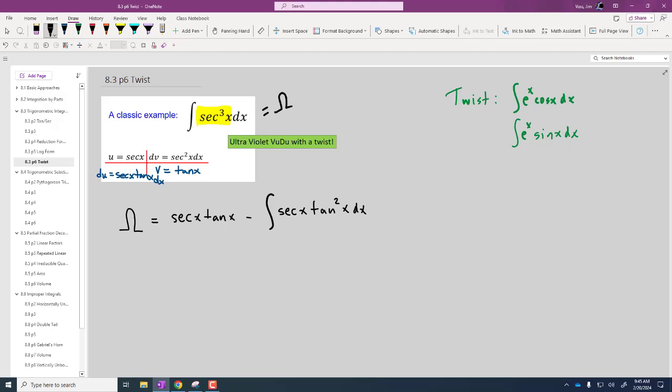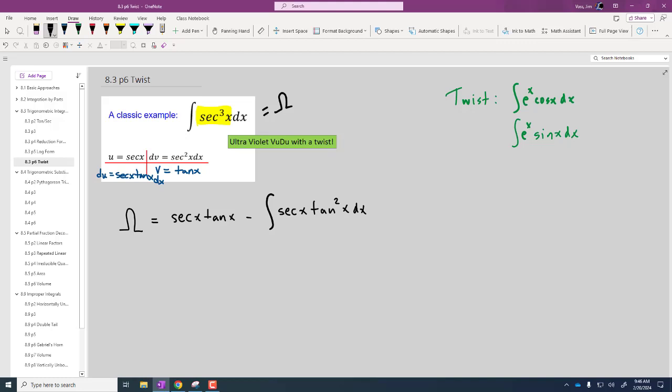If tangent was to an odd power, we pulled off a secant times tangent with the idea that we'll let u be secant, so that the derivative of secant would grab that secant tangent that we pull off. This is neither. Secant's not to an even power, tangent's not to an odd power, so it's neither. And the strategy, if it's neither, is to generally use the Pythagorean theorem and rewrite one of them. And that's what we're going to do here.